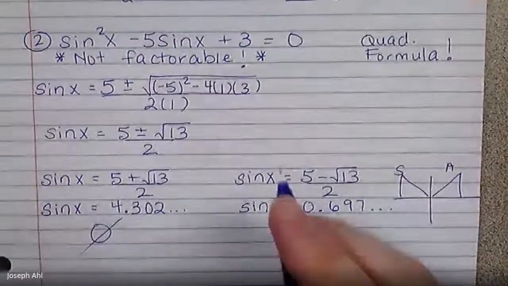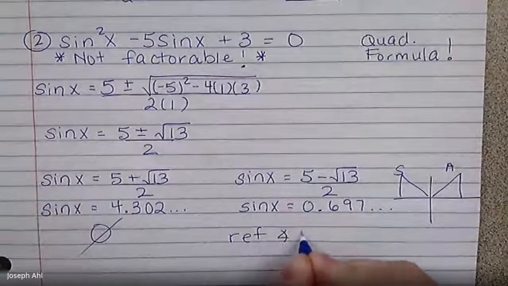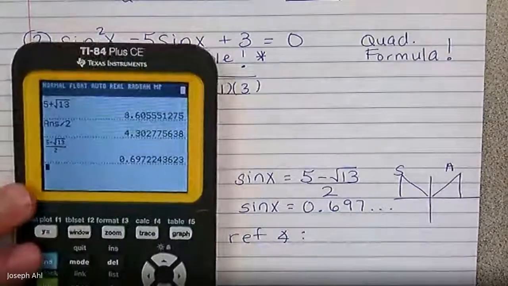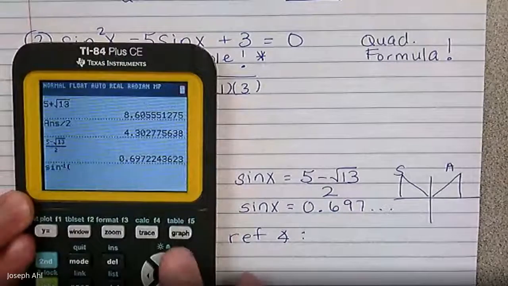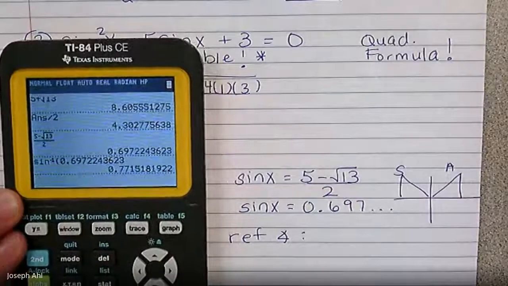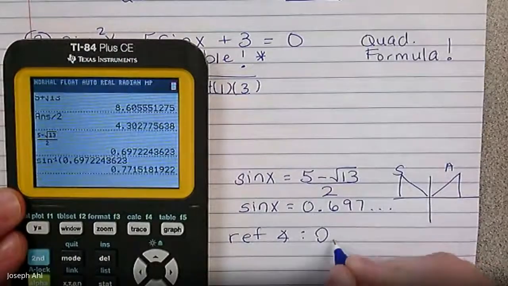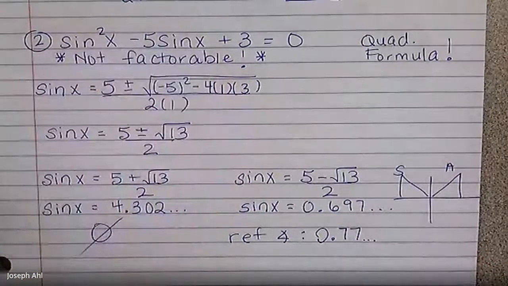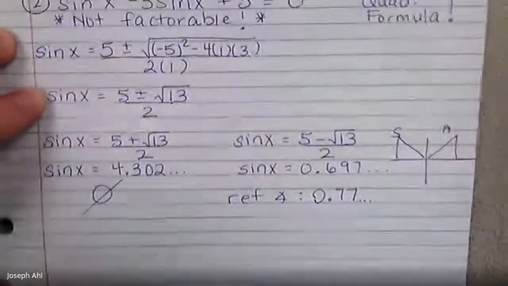All right, so how do I get the reference angle? We don't have the reference angle yet. We have what sine of x equals, but the reference angle is the inverse sine of this 0.697 number. That gives you a reference angle of 0.77. So we have to take that reference and apply it to the two quadrants where we have answers.